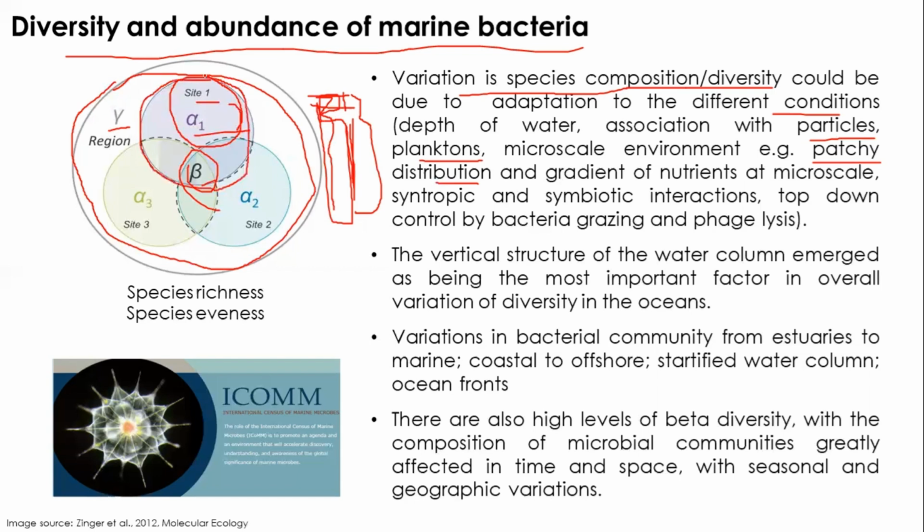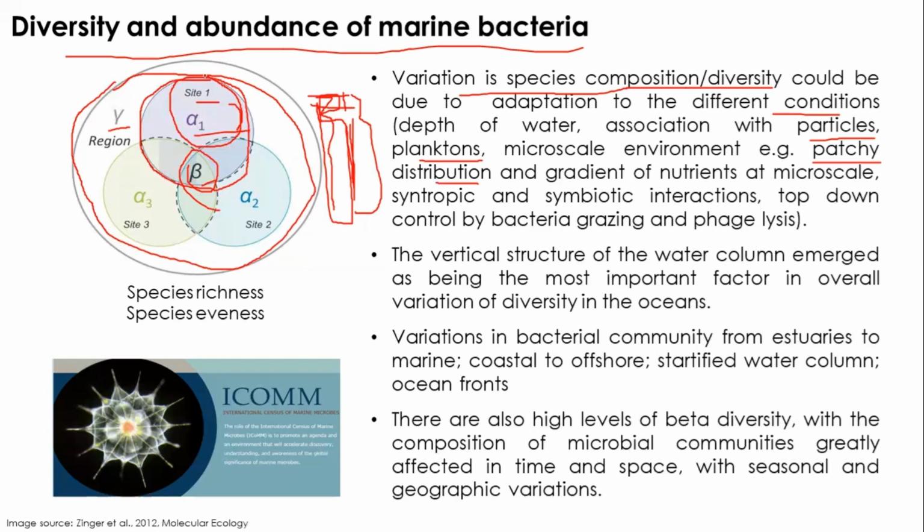Or you can say that those bacteria could be living very near to the phytoplankton, right? Similarly, because of all the physical features, change in the current, change in the waves, or maybe also with the vertical migration, we may have a patchy distribution of nutrients, right? And these nutrients can also determine what kind of diversity will be there.